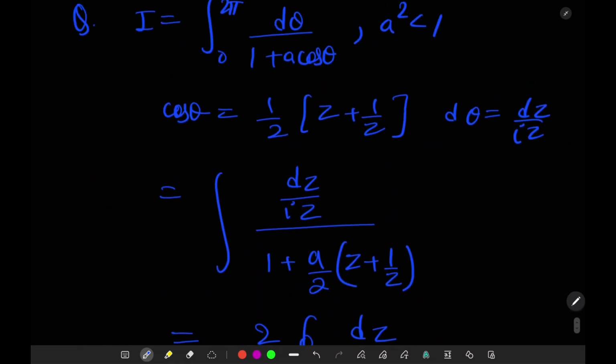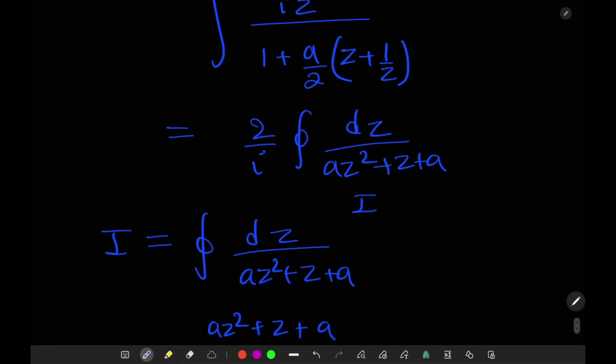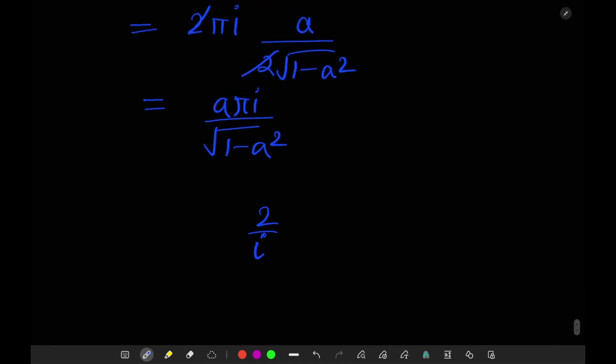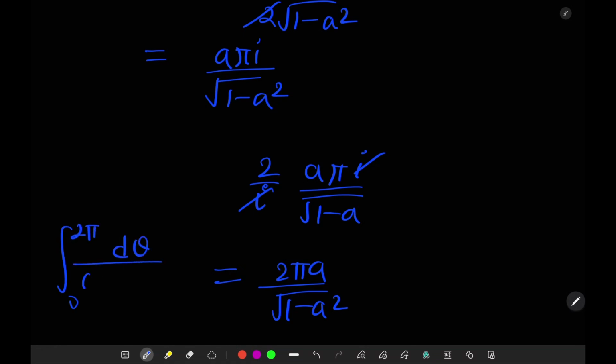Now putting the value in this integration, now multiply by 2 iota into this, iota is cancelled out by this, so the integration becomes integral 0 to 2 pi d theta divided by 1 plus a cos theta.